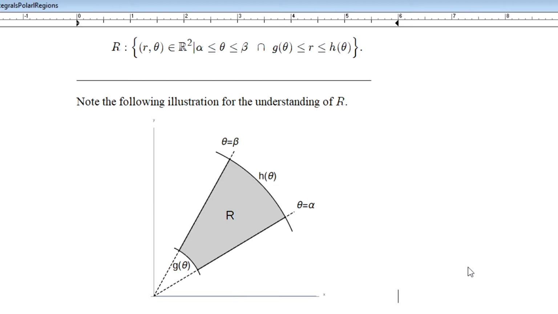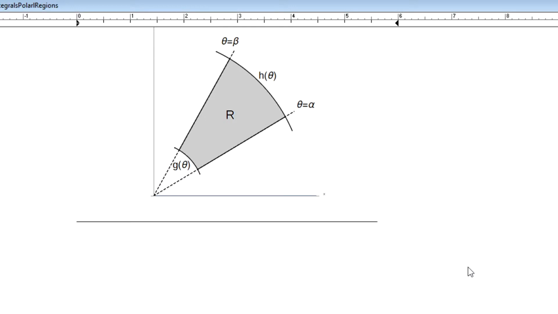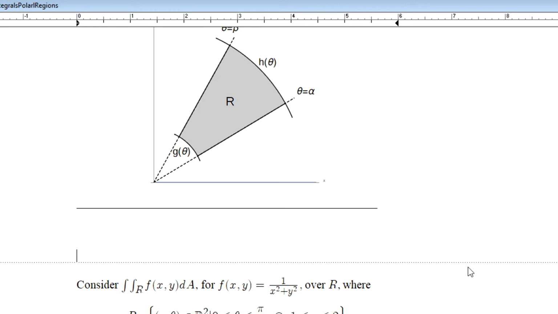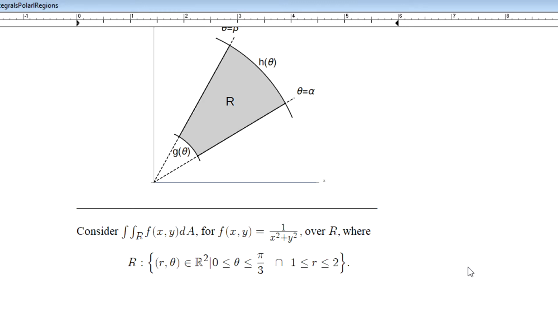Now, if we look at an example, we'll pull up this example here. We might consider this double integral calculation.